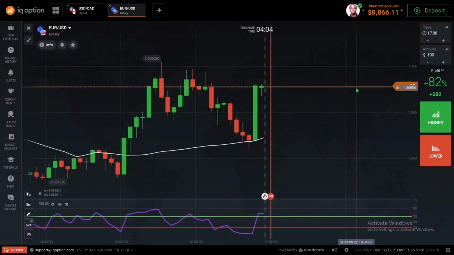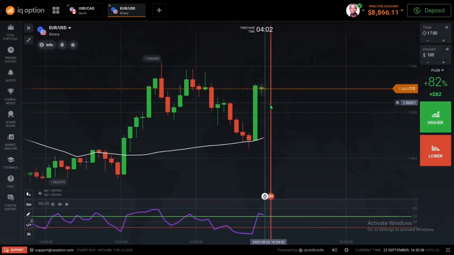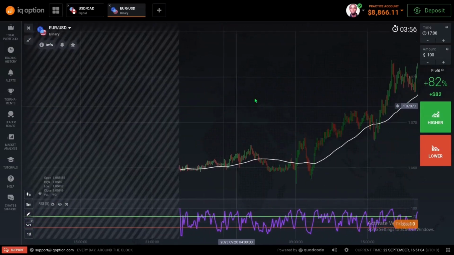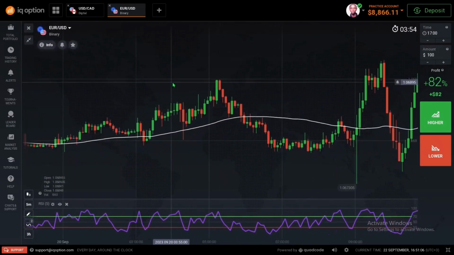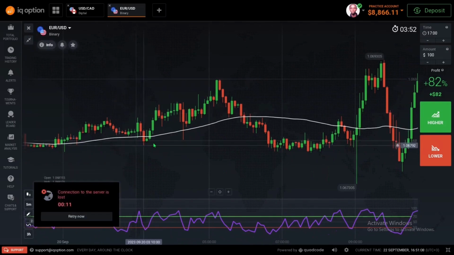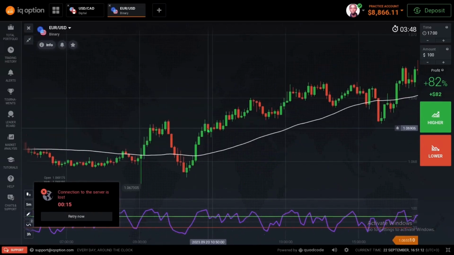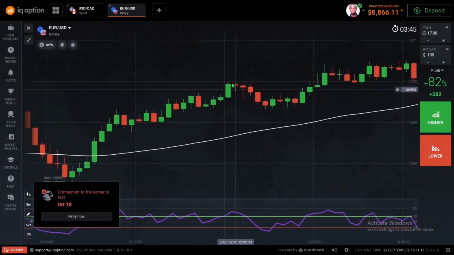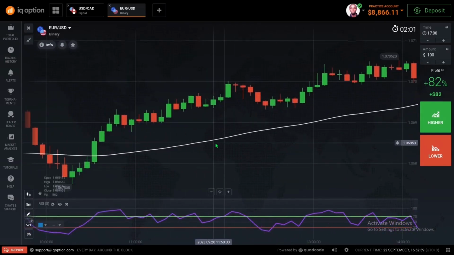Let's look for some buy examples. For buy signals, price must be trading above the moving average. Here is a good example. RSI goes below 30 on this candle.